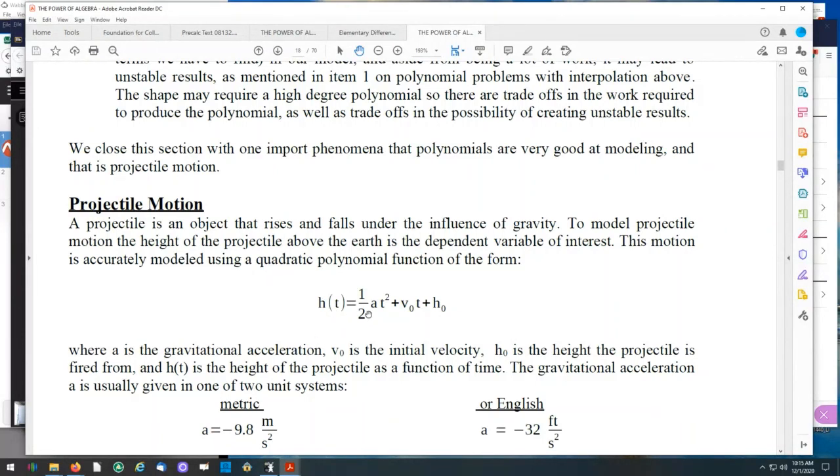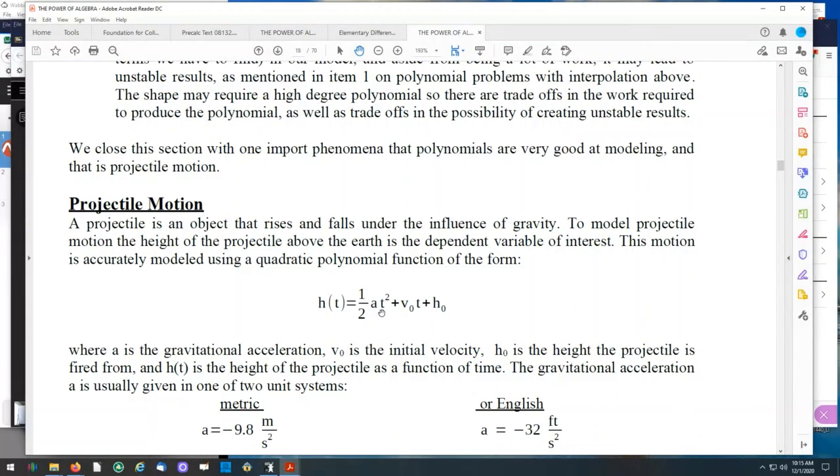Because the initial acceleration, the initial velocity, and the initial height all fall into a very simple quadratic or parabolic model: h of t equals 1/2 times the acceleration times the time squared, plus your initial velocity v0 times the time, plus the initial height h0.